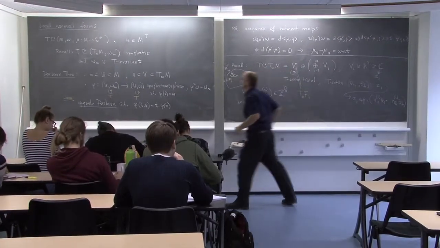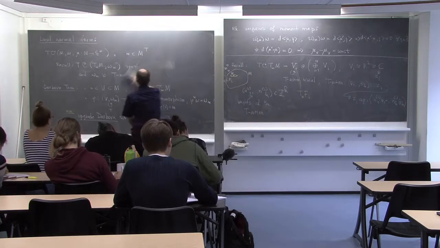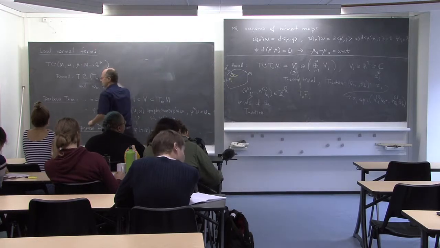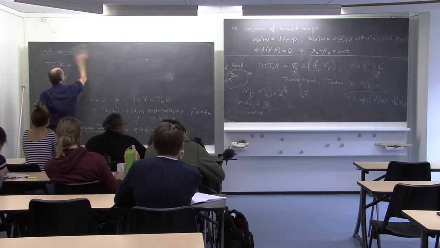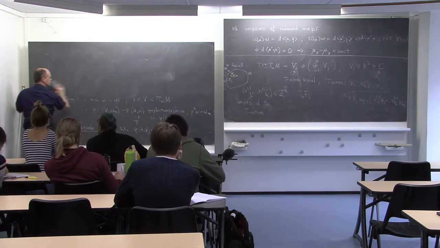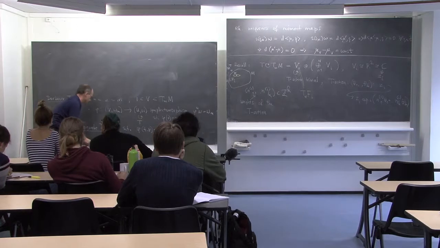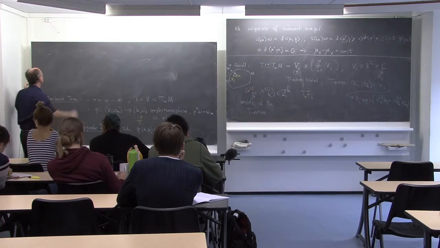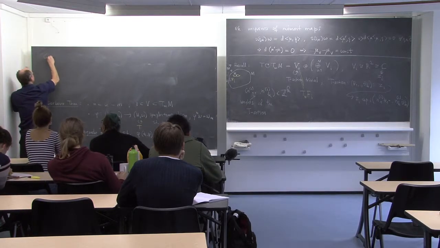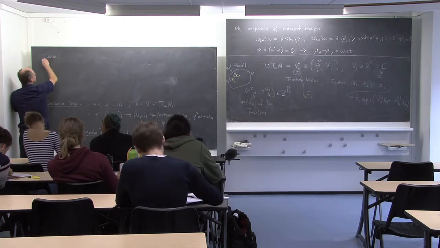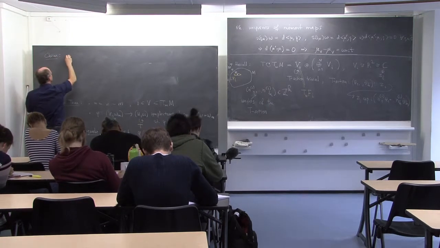I will make a claim, and you will prove it in solving the first exercise of the next problem set. So this is a statement in symplectic linear algebra, and we'll discuss a little bit why it is true.